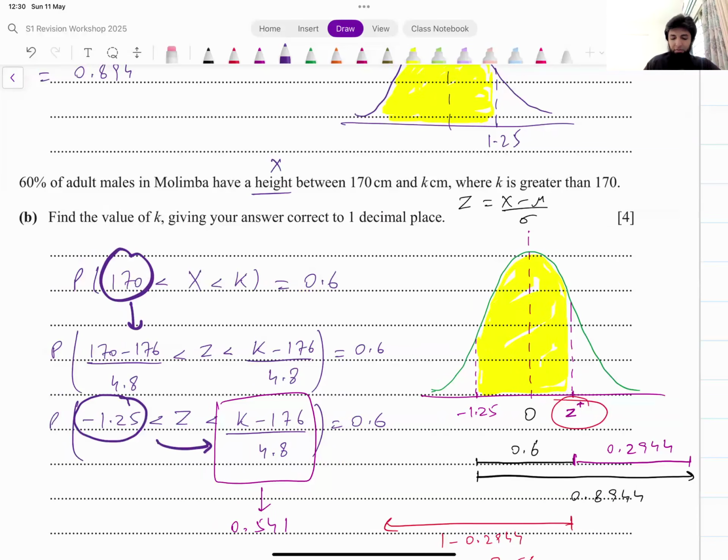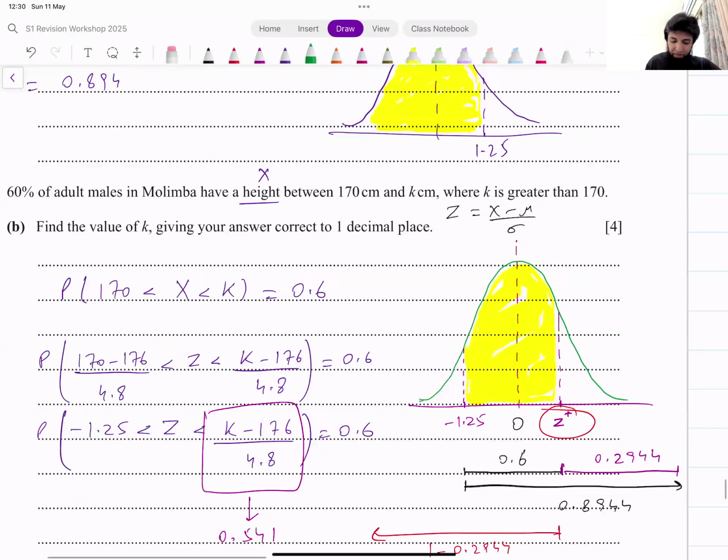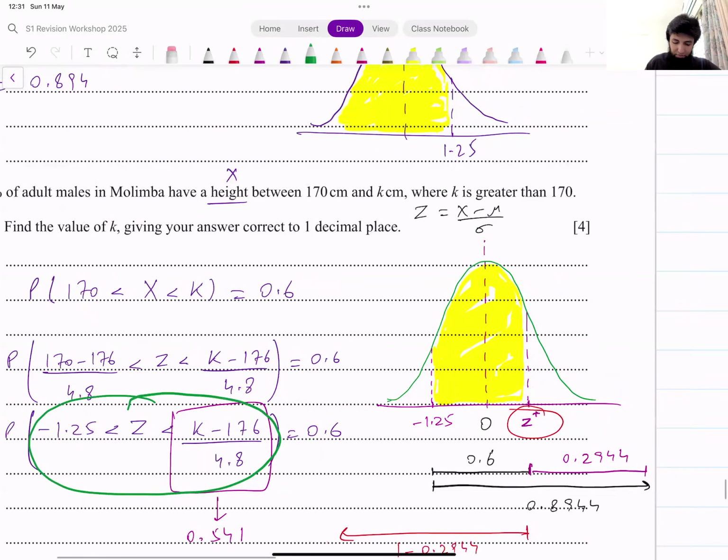You could do it in terms of X first and then convert it to this. Both are fine. In the previous examples, I did that directly. In this case, I've converted it to Z first. Both will work every time. So between these two values of Z, we know that the area is 0.6.